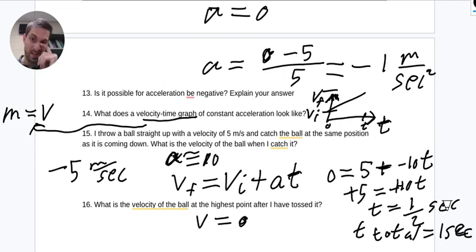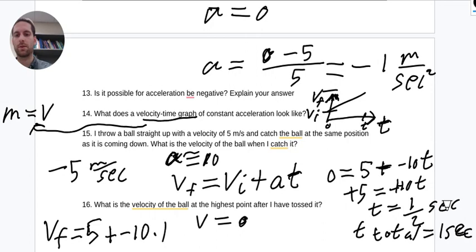And from here, we can use that same equation and plug in what we have to get our V final. So V final for 15 equals V initial, which is 5, plus -10 times 1.